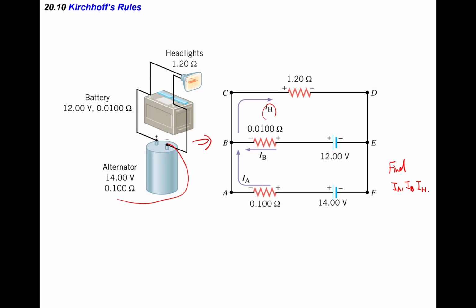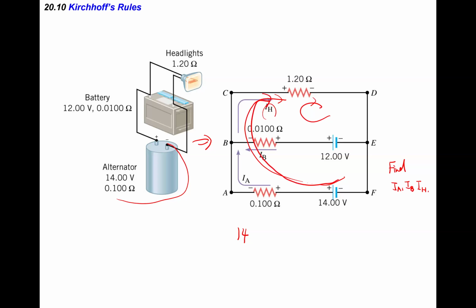Okay, so we can have this loop here, and we can have this loop here. So these are two different loops. Let's use this small loop and this big loop. Okay, I like the big loop. So look at the big loop, okay?